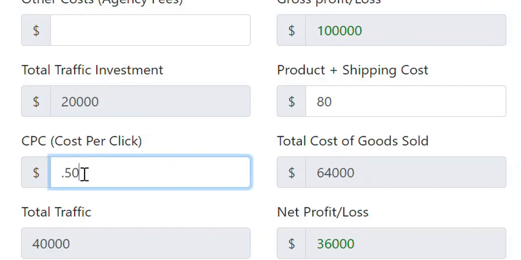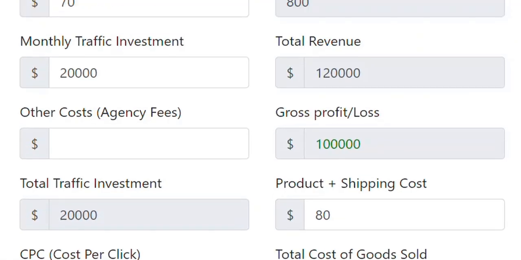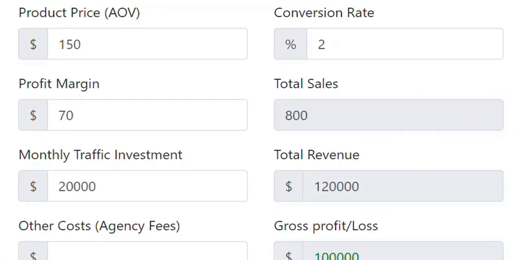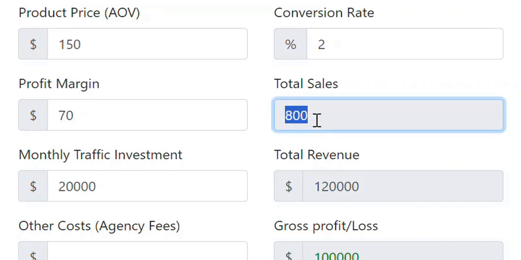If you set that as a benchmark, you will see that you can work towards it, and then you bring in more sales and more profit to your business. You can see that the moment we reduce it to 50 cents, the traffic doubled, and so did the sales. Instead of the 400 sales they were making before, they are now making 800 sales.